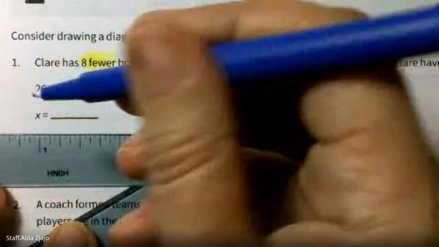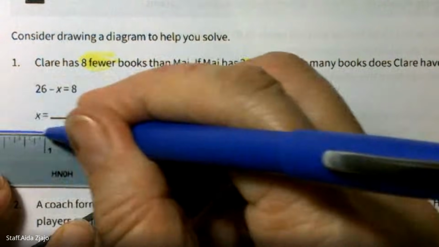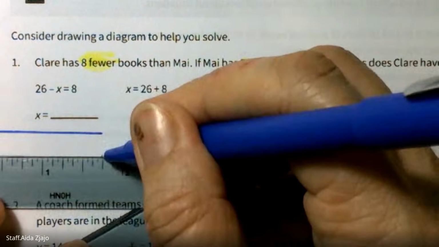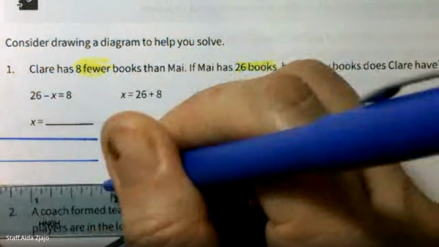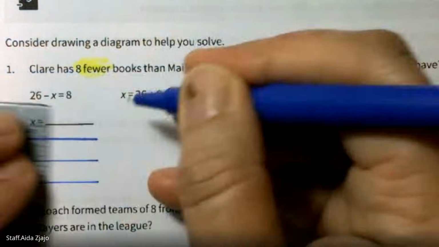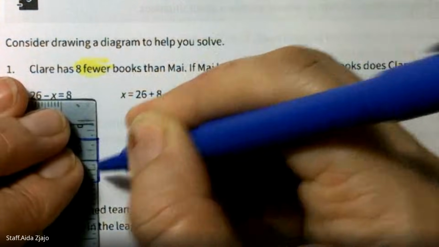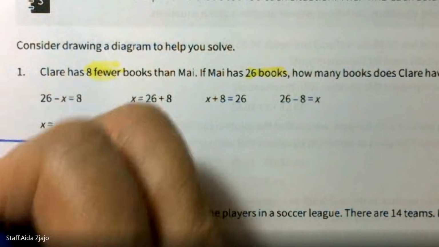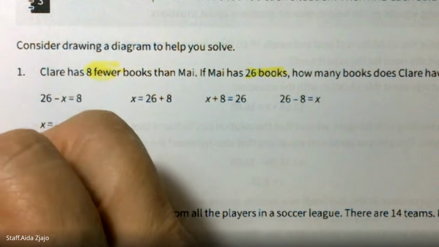So if I say that this is Claire and Maya, if they have the same, the boxes would be the same. So Claire and Maya.